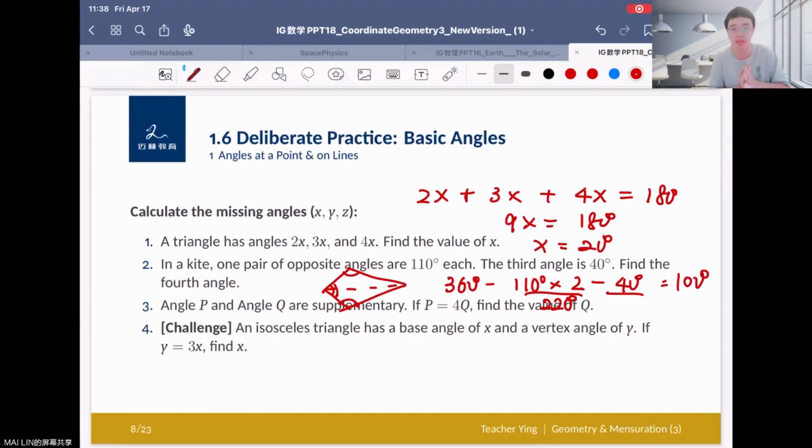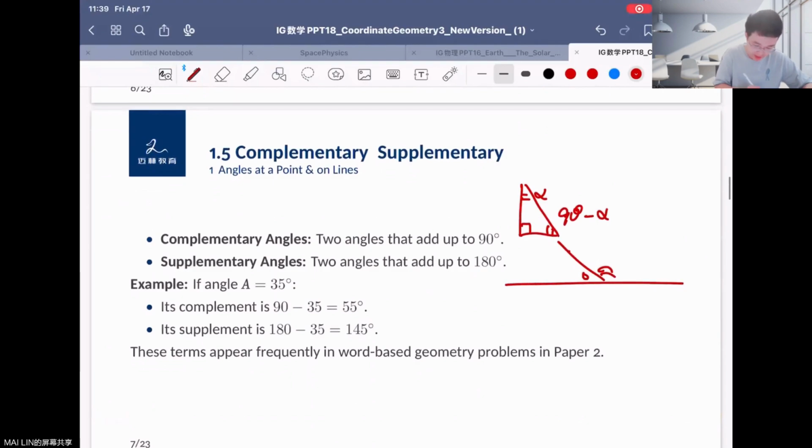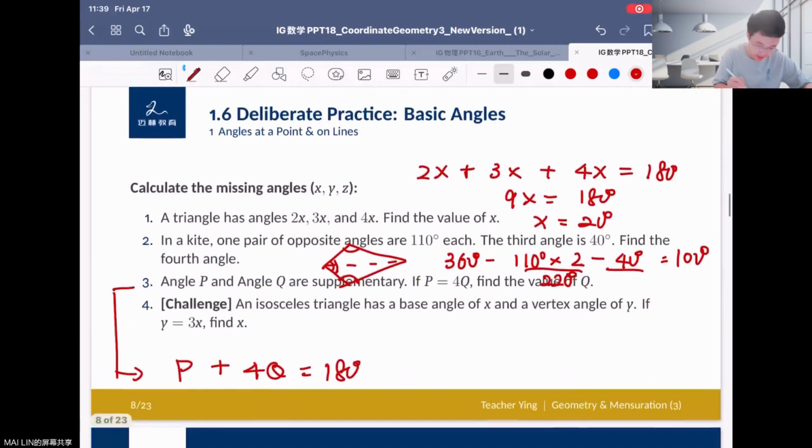And the third problem is that angle P and angle Q are supplementary. And if P equals 4Q, find the value of Q, okay? So we knew that here, P equals 4Q. So we also knew that for supplementary angles, P plus Q equals 180 degrees, right?